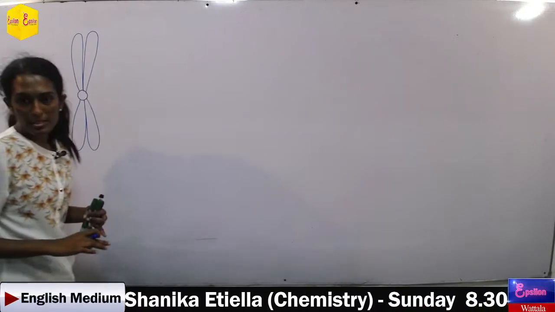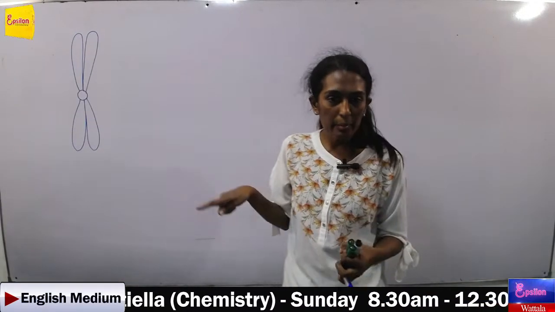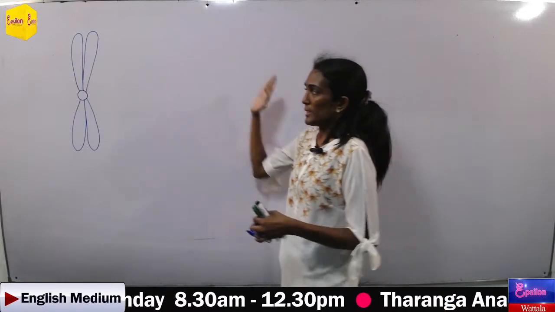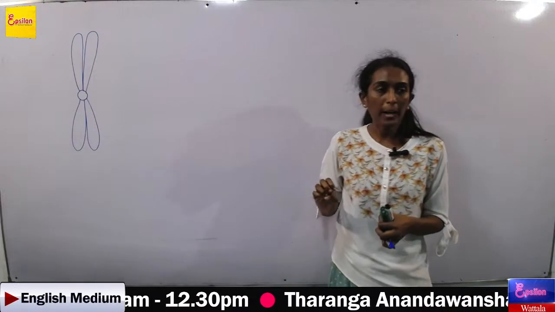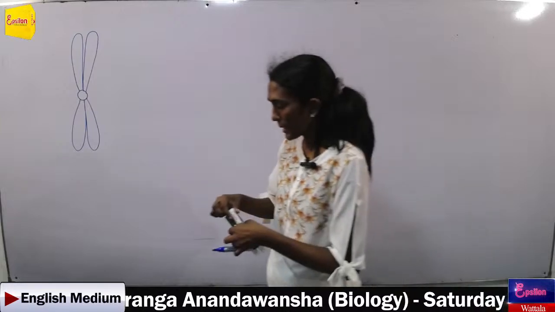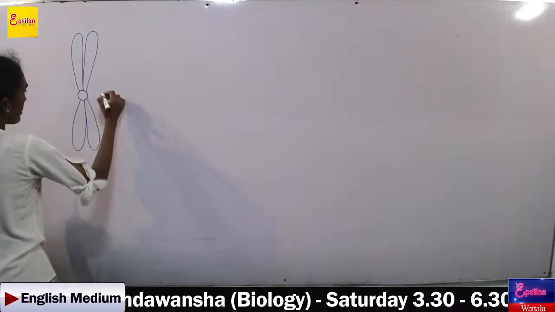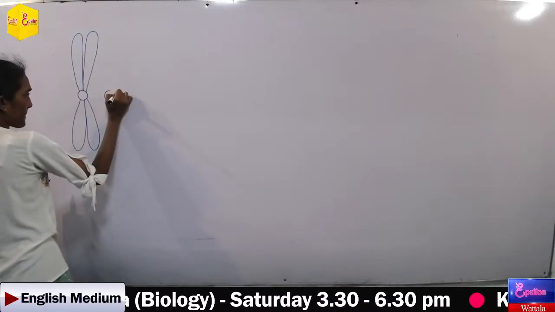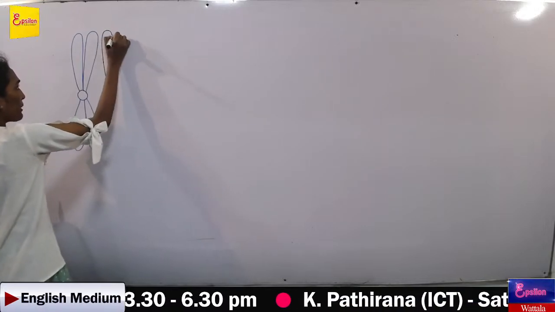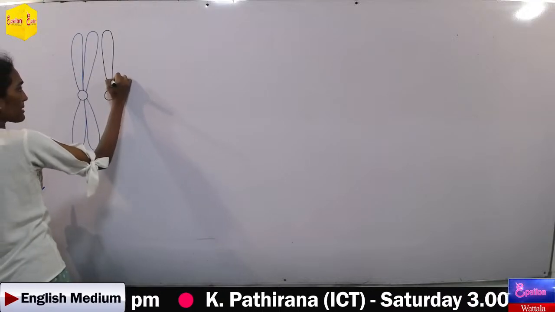Correct? I told you that there are 46 chromosomes in a human cell. So, at this phase, their homologous partner is going to come closer. I'll tell you what it is in a while, but I'm going to draw a similar chromosome here. Going to pair. Now 23 pairs are going to form if we consider a human cell.